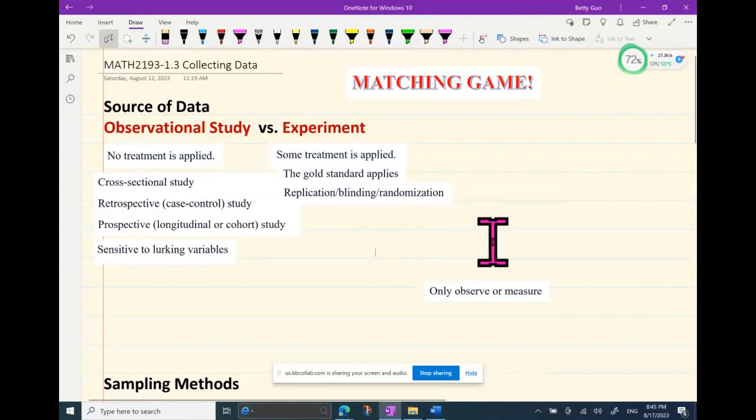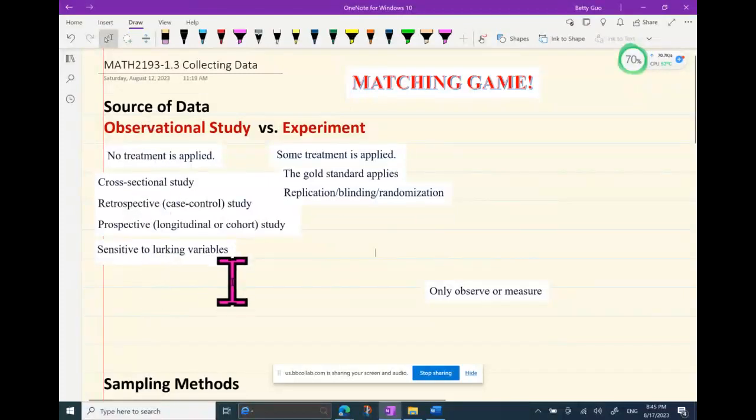Or driving and texting: you ask people to drive and text to see if they die in a car accident. That's unethical. So even though experiment is a better way of collecting data, it is limited by many ethical and other issues, so you would have to do an observational study.